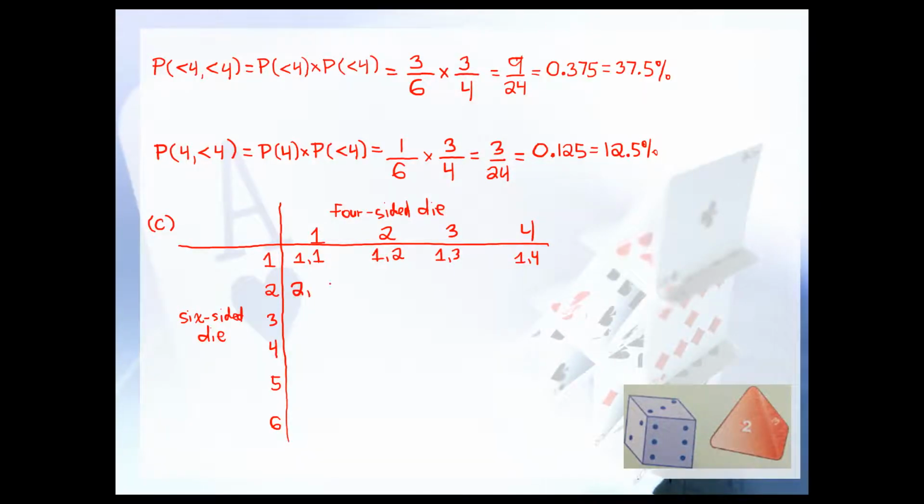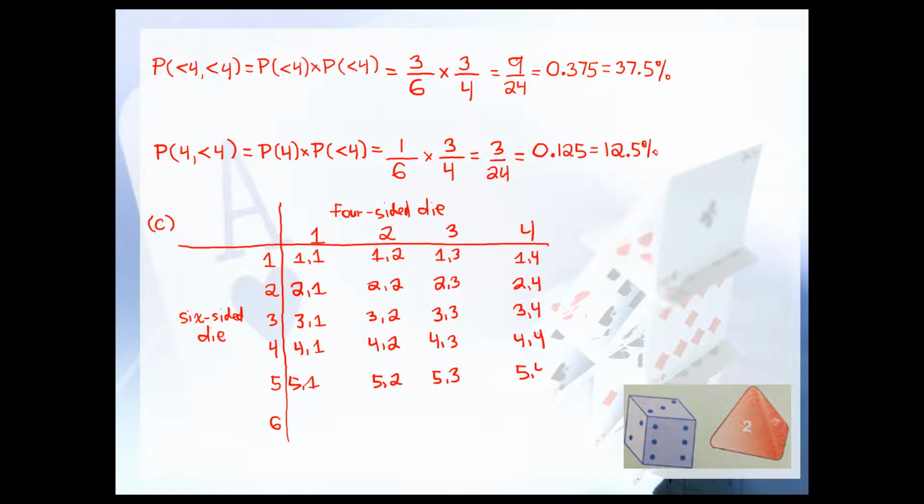We'd have 2, 1, 2, 2, 2, 3, 2, 4, 3, 1, 3, 2, 3, 3, 3, 4, 4, 1, 4, 2, 4, 3, 4, 4, 5, 1, 5, 2, 5, 3, 5, 4.